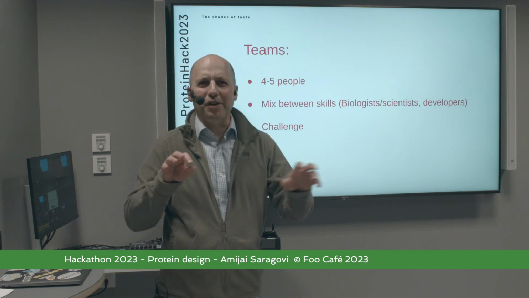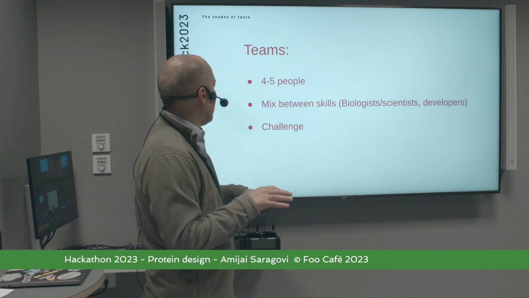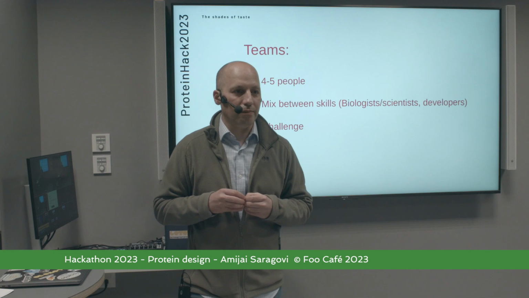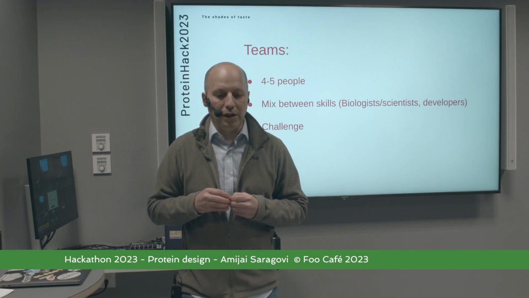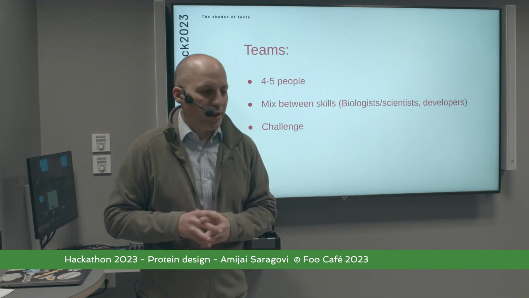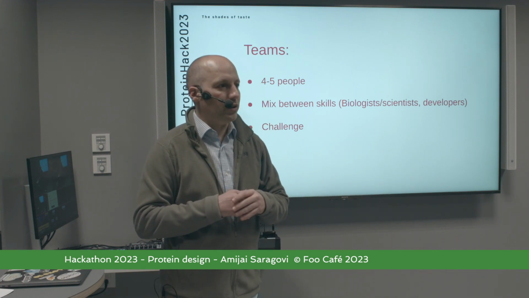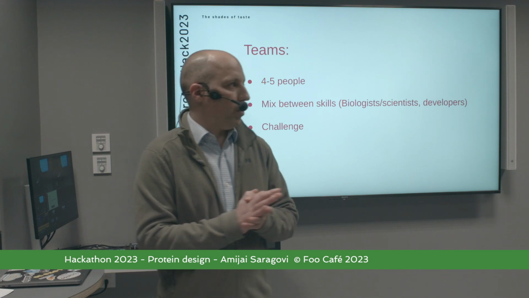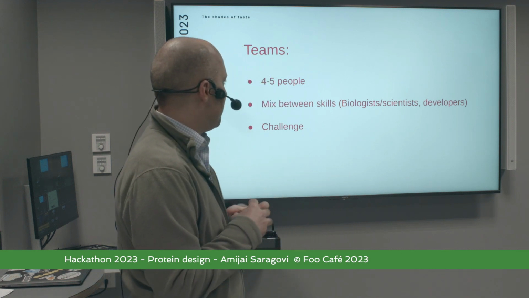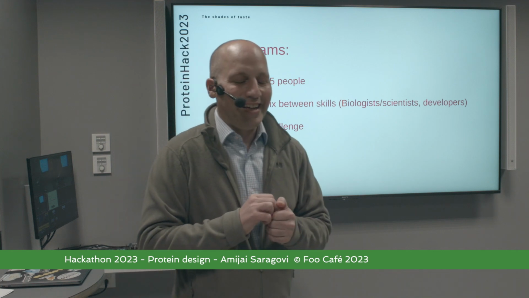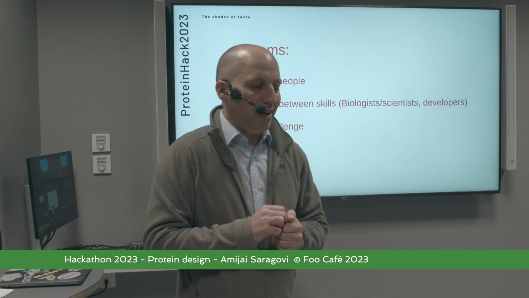Maybe there will be a team of 3, but the idea here is to combine skills. You don't want a team of computational people, a team of scientists, a team of biologists, and so on. You want to mix, and we will have a form to make sure that people are together in the right combination.